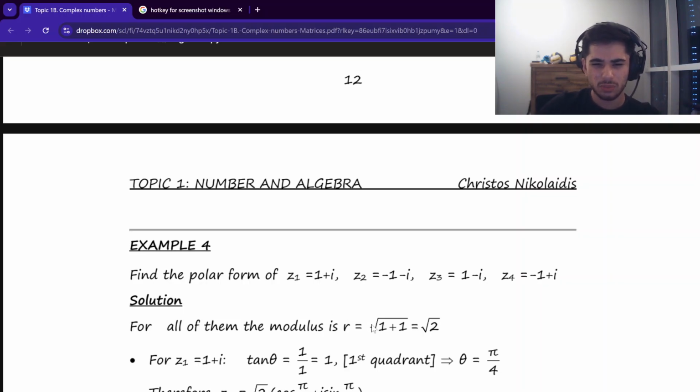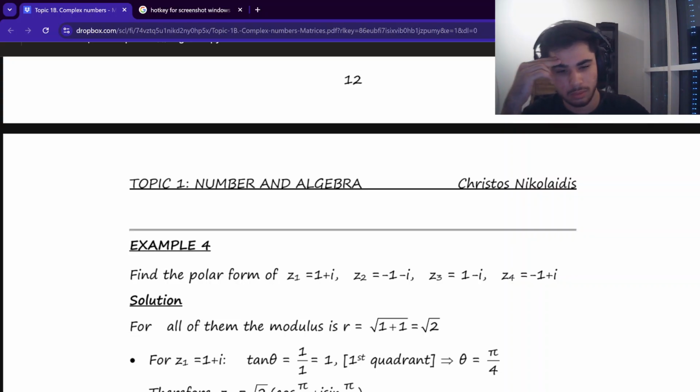It says z plus 1. Where did he get 1 from? What? So z plus 1. And then z, and then I just randomly becomes 1 for some reason.